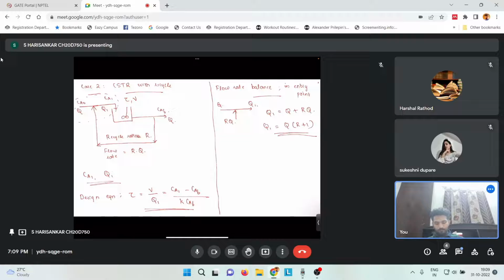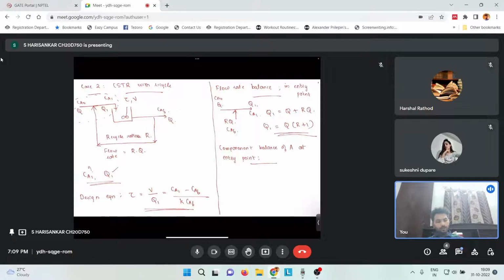Now we need to find CA1. So for CA1, what we'll do is we'll write the component balance of A at the entry point. So here it was CA0, here it was CAF, and here it is CA1.